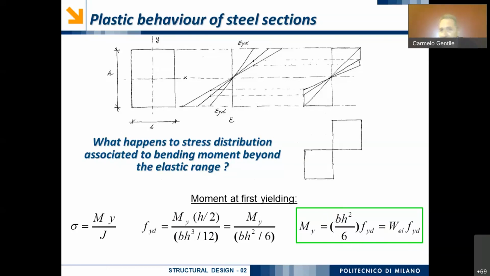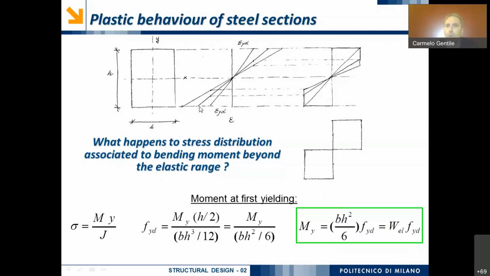But what happens when we are dealing with a plastic behavior? Okay, so the bending moment is going to increase, and so the strain profile changes.